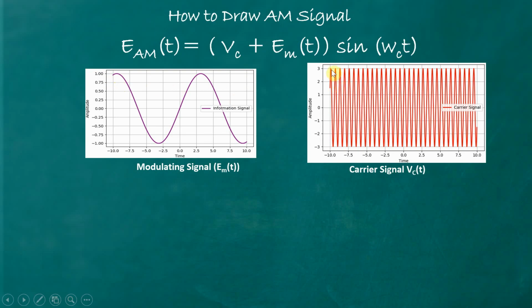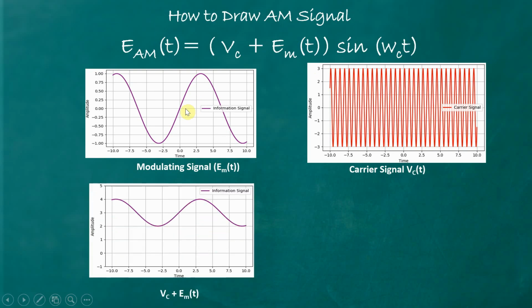Remember this. Now as per this equation of the modulated signal, the peak amplitude of the carrier is varying, meaning the peak amplitude of the modulated signal is varying according to Vc plus em(t). So first let us add Vc, the peak amplitude of the carrier, and em(t) is a time varying signal. If we add the level Vc to the modulating signal, it looks like this.